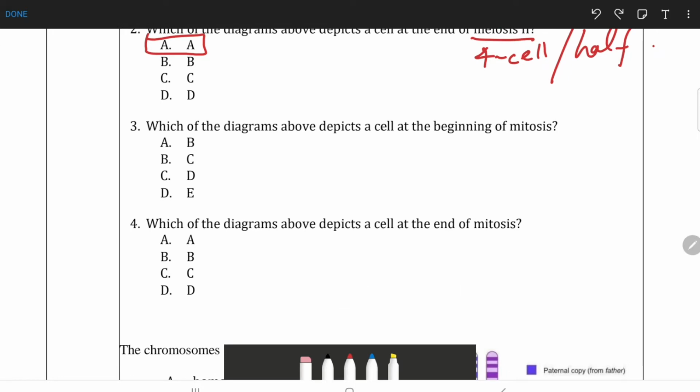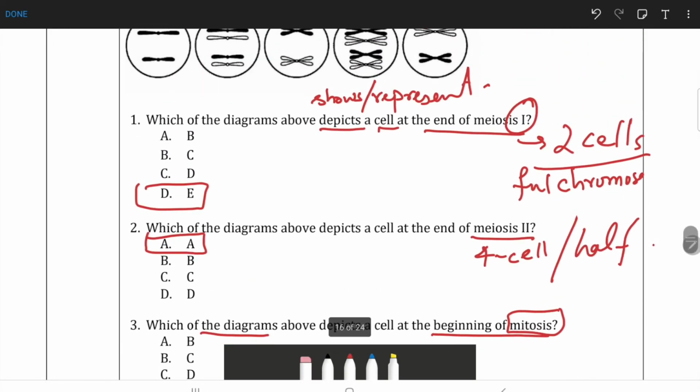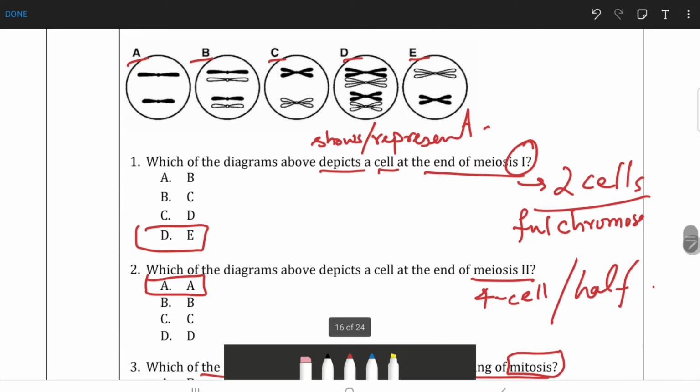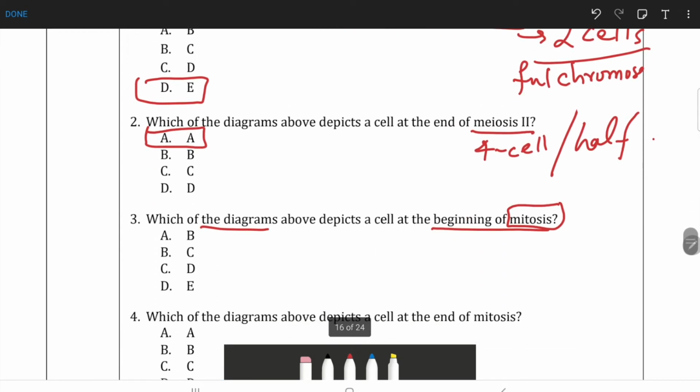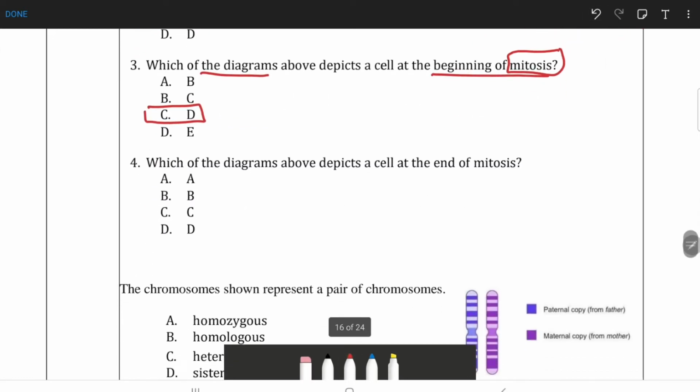So next question, which of the following diagrams depicts the cell at the beginning of mitosis? Mitosis should have the full chromosome number at the beginning and at the end. So we can easily say that the cell D is the one that has the full chromosome number. Moving to the next question, which of the diagrams above depicts the cell at the end of mitosis?